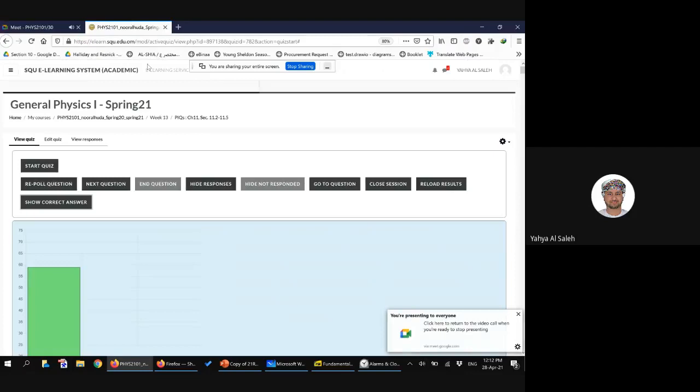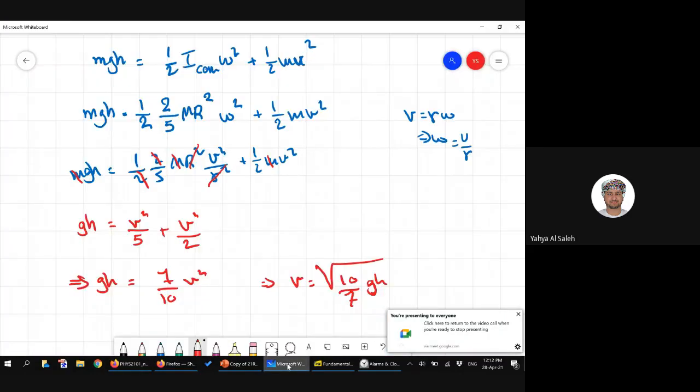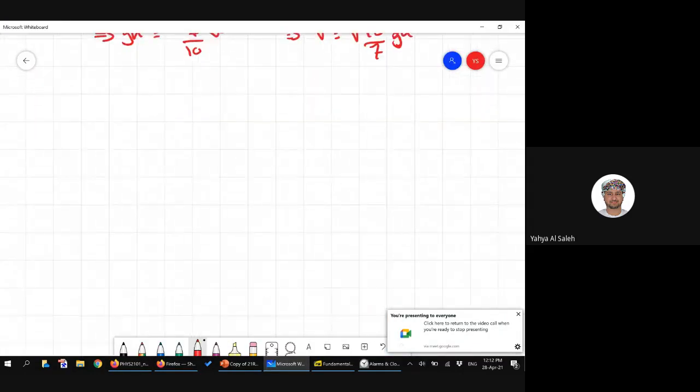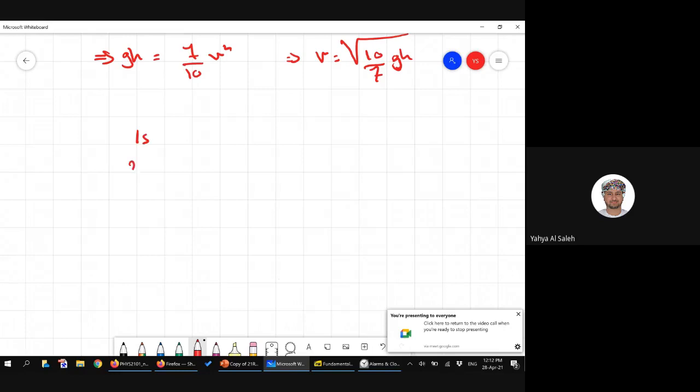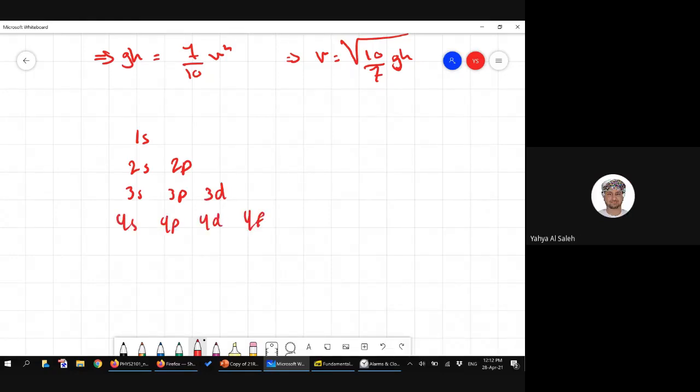Do you remember something that looks like this? Orbitals? Yep. Do you remember these orbitals that go like this, then like this, and so on? Remember these?